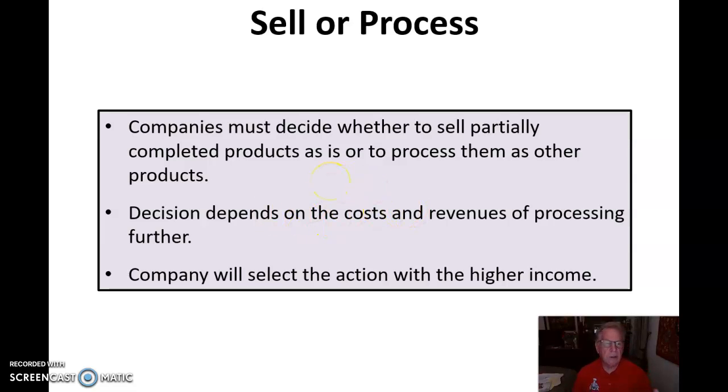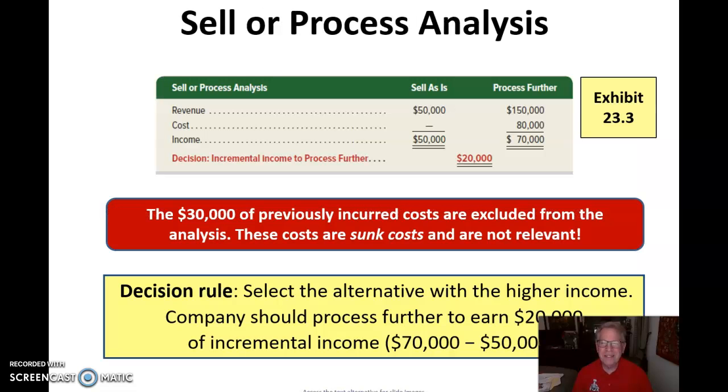This kind of decision usually occurs when we maybe make a mistake in processing it the first time, and we have a discrepant product, and we have to say, hey, is it worth it to spend the money to make that discrepant product good product or not. So the decision depends on the costs and revenues of processing it further. The company is going to select the action that generates the highest income, just like always.